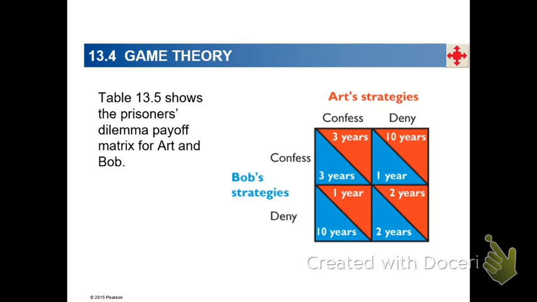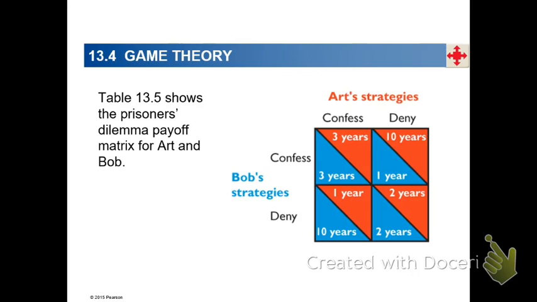This is very interesting. If you stare at this table, you would realize that there are some interesting things going on here. What I'm going to talk about is something called finding the dominant strategy. A dominant strategy is a situation where a player will always play one strategy regardless of what the other players are going to play.